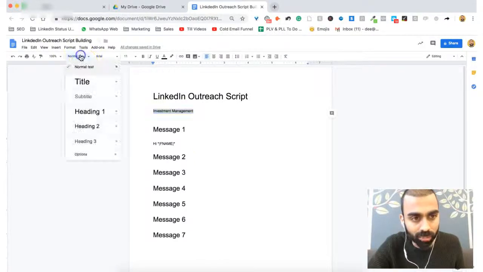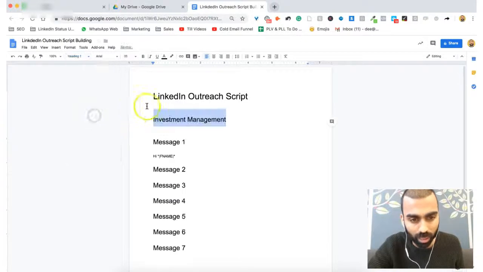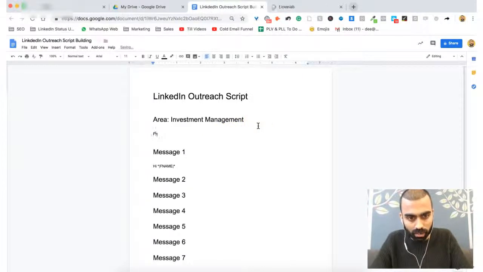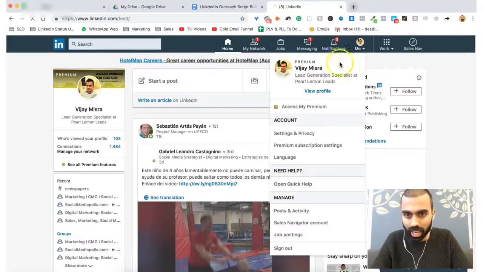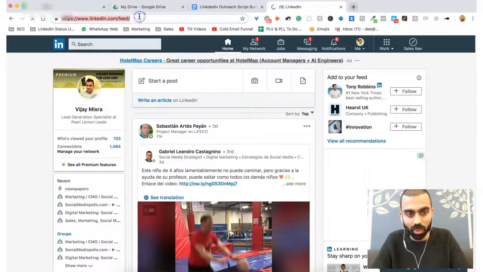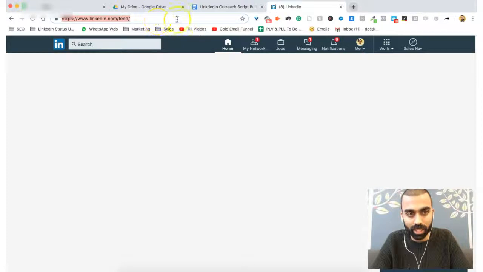Right, cool. So let's apply heading 1: area equals investment management. Now LinkedIn profile equals... let's jump in and see if it will give me his actual profile.